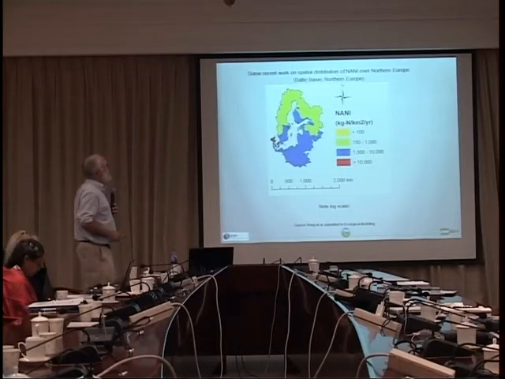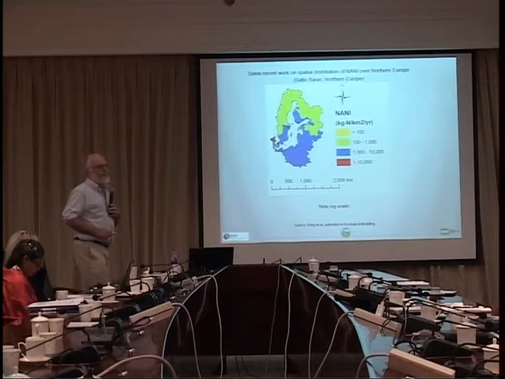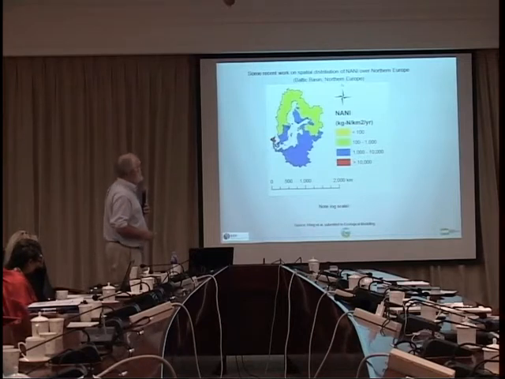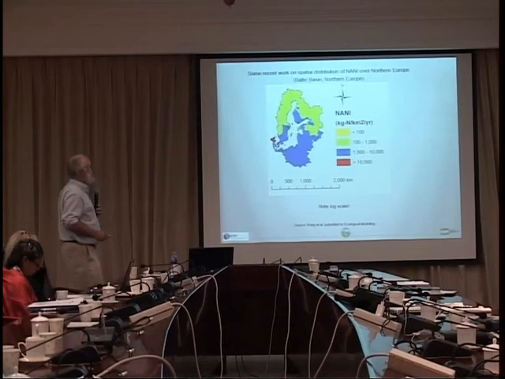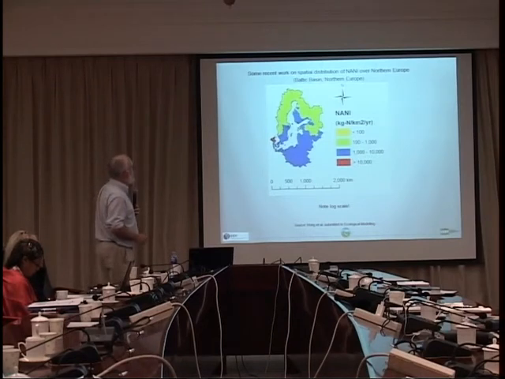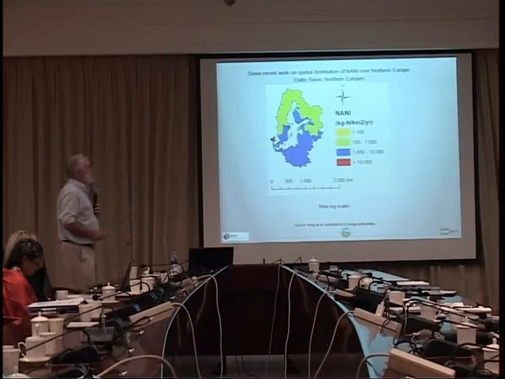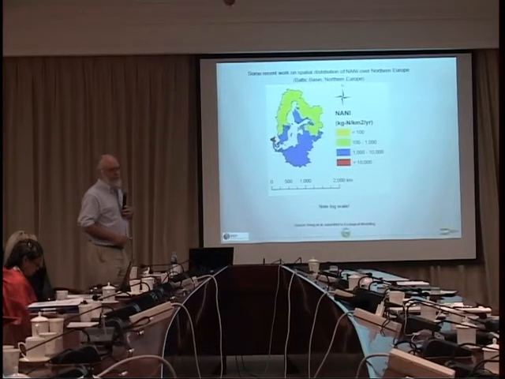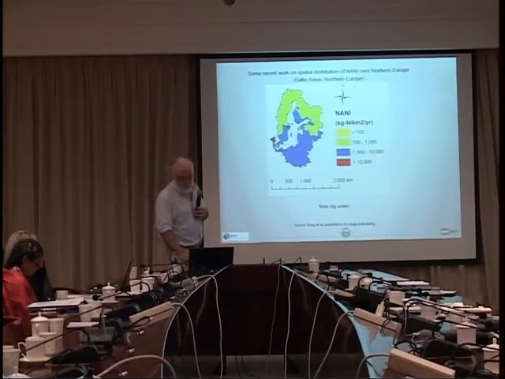I wanted to point this out. This is on a log scale, so each of these colors represents a 10-fold increase of nitrogen over the other ones. So the red shows greater than 10,000 kilograms nitrogen per square kilometer per year. Again, this is Denmark with lots of pigs, and they're demanding lots of nitrogen in the food, in their feed rather.